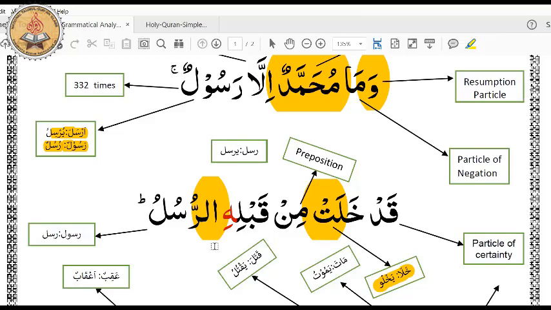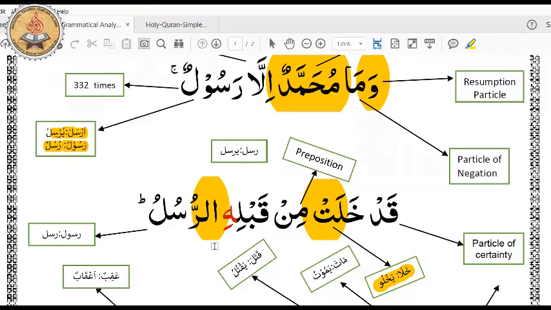Now, because Ar-Rusul is a plural, and in previous lessons it has been mentioned that plural words are considered grammatically feminine, the verb must agree accordingly.